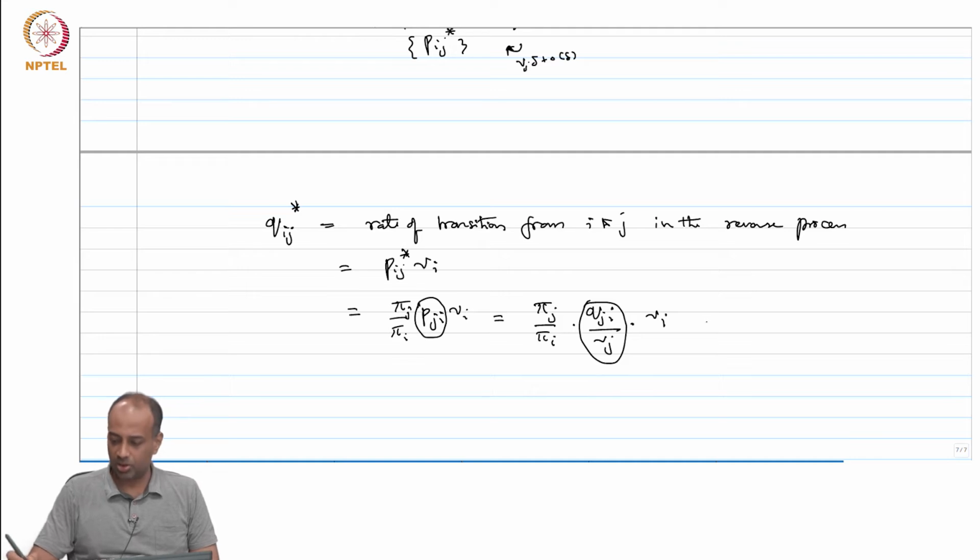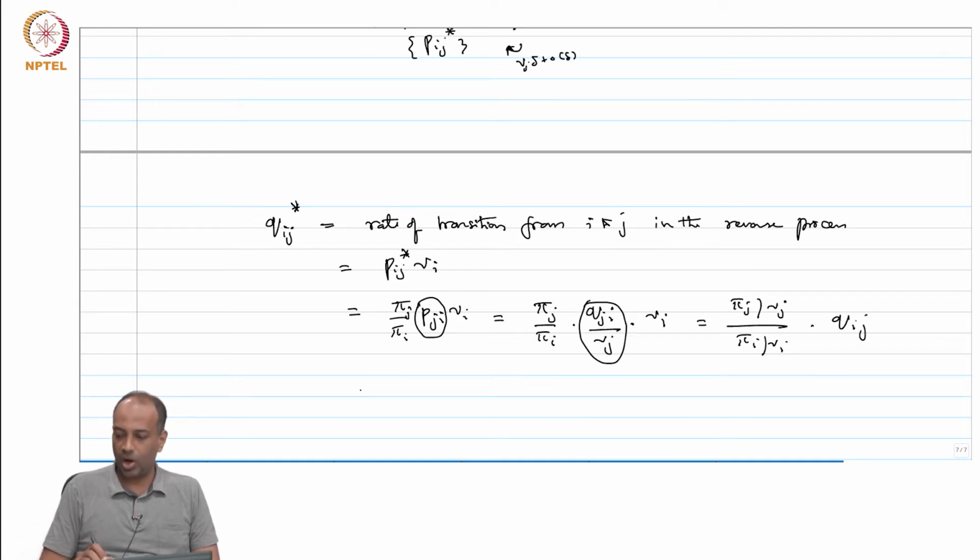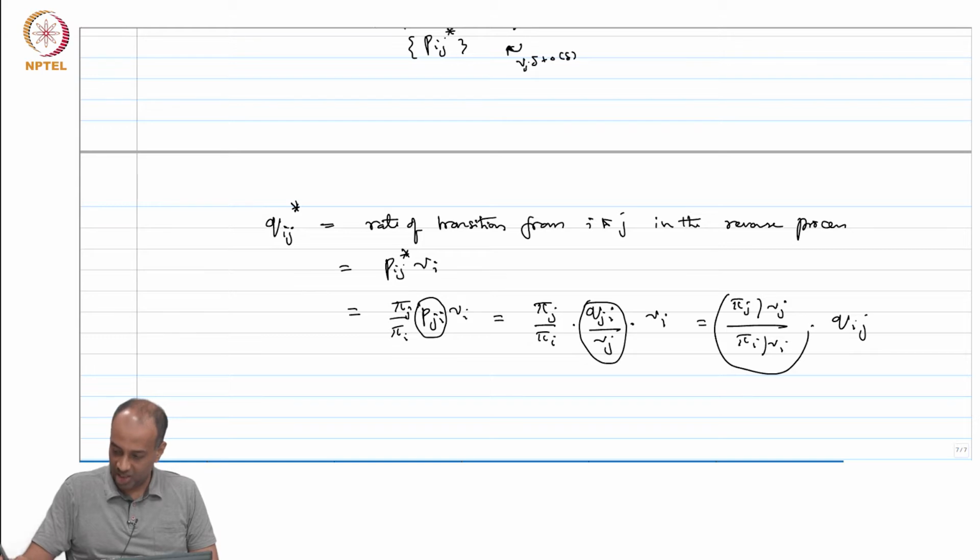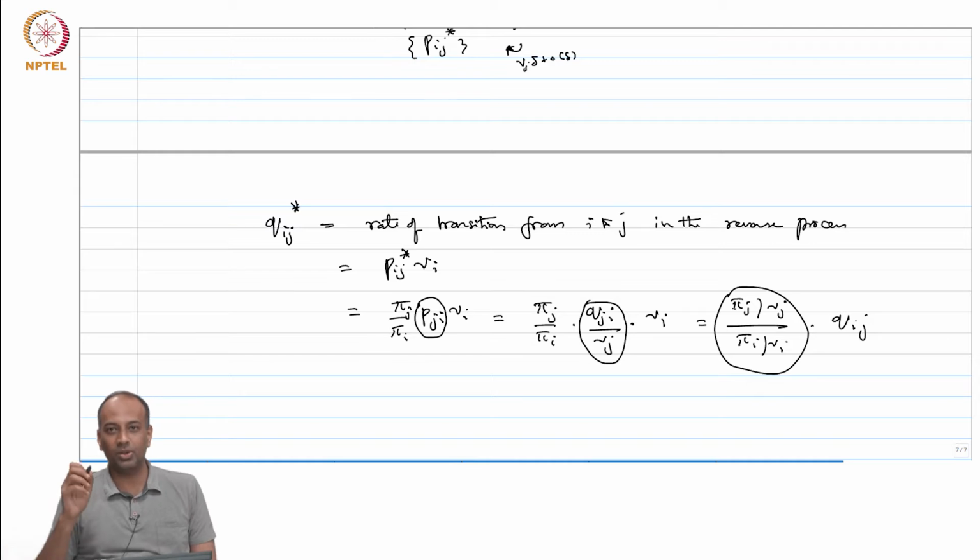So, what does this work out to be? This is just pi j over nu j divided by pi I over nu I, times q I j. And pi j over nu j divided by pi I over nu I is just p j over p I, because we already know that p j is proportional to pi j over nu j.